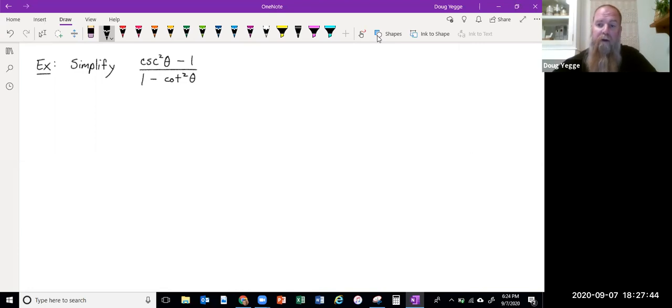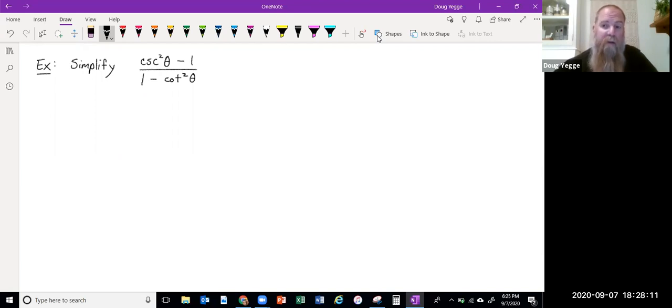Now, there's not one set way to simplify or reduce a trigonometric function to an easier form. All you can do is use your trigonometric identities however you see fit in order to make it look different. So for instance, in this one, maybe I could use some reciprocal identities.